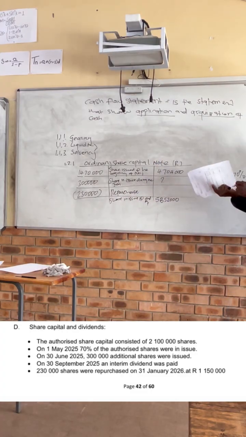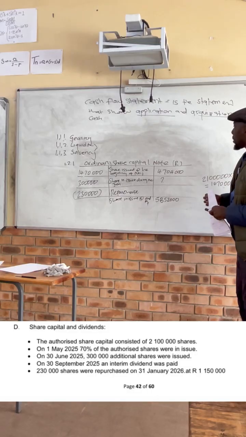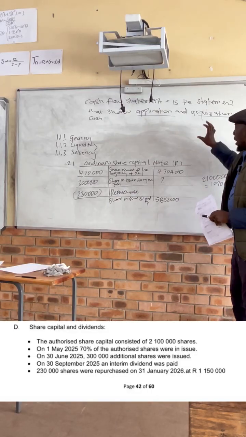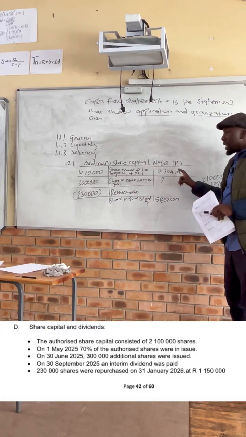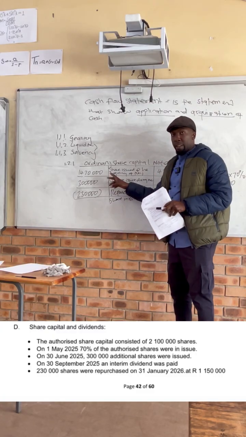Now again, we are going to look at our average share price. How do we get our average share price? I will always advise my learners to check the amount of money before repurchase, divided by the number of shares before repurchase.